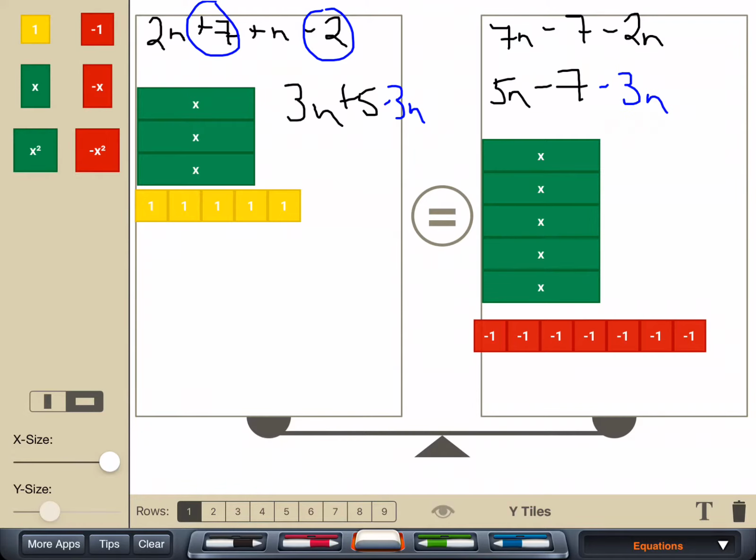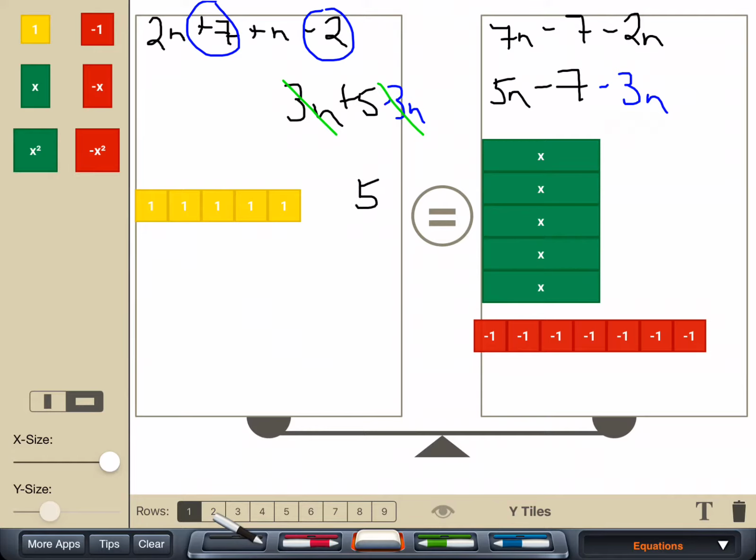Now, subtracting 3n from my left side looks just like this. So 3n minus 3n is 0, so those are gone, but I still have my 5. So on my left side, I still have 5.